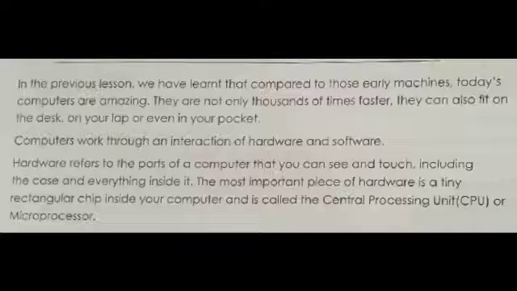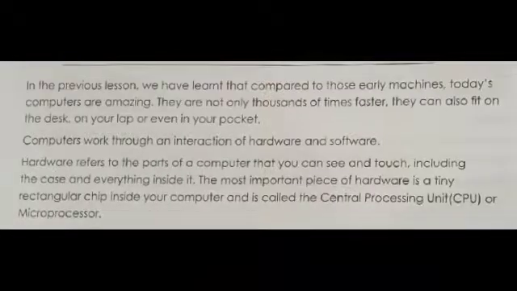In the previous lesson, we learned that compared to those early machines, today's computers are amazing. They are not only thousands of times faster, they can also fit on a desk, on your lap, or even in your pocket. A computer works through an interaction of hardware and software.